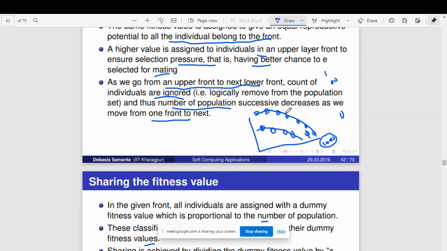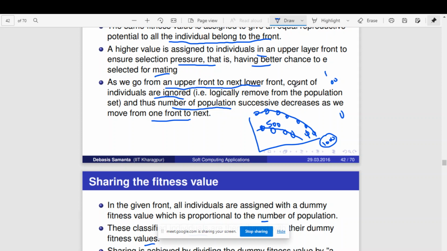If these individuals have 1000, then those may have a dummy fitness score like 500. So for this front, if you want to identify the value, it should be divided by what? You have to identify the neighbors within a particular radius and divide it by 500.